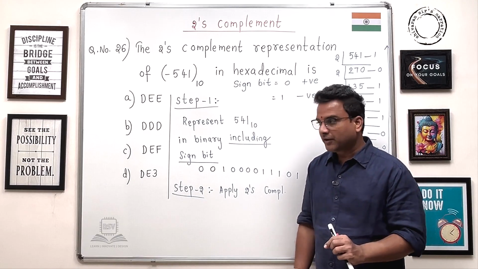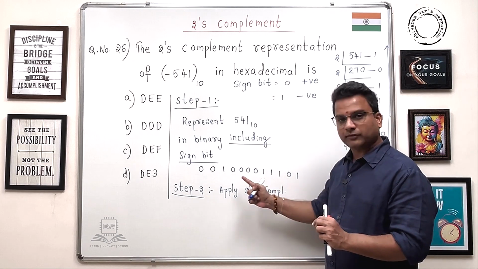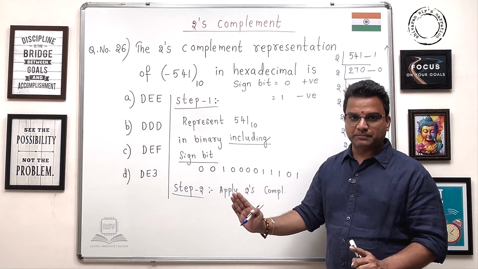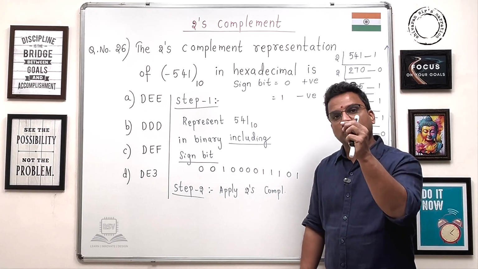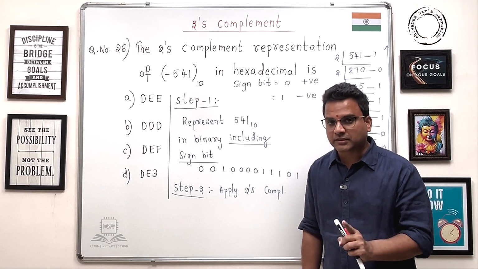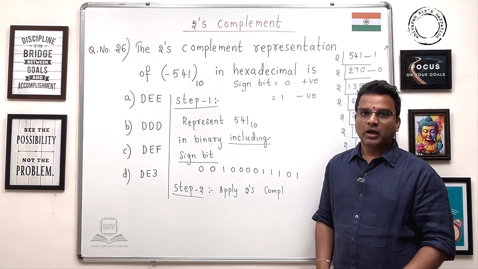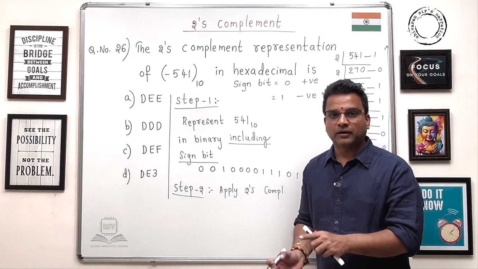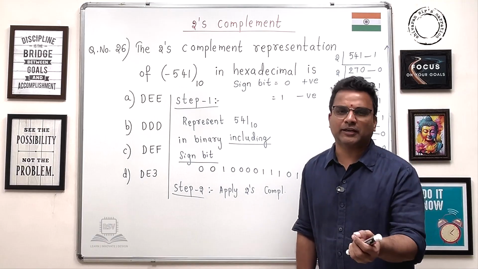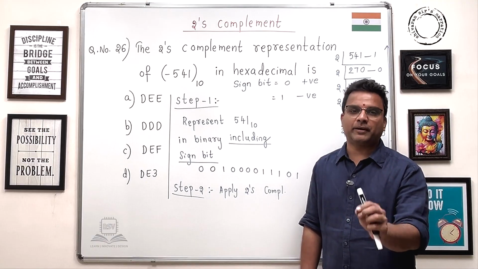What is that? You scan the original binary sequence from LSB to MSB. If you get zeros, you copy the zeros as they are, and you copy the first logic 1 also. After the first logic 1, replace 1 with 0 and 0 with 1. That means apply 1's complement.